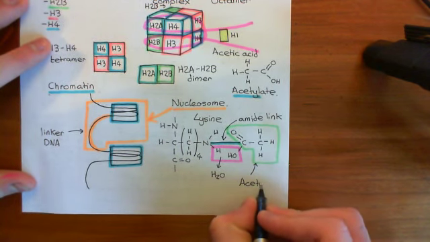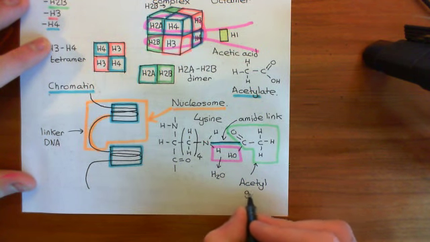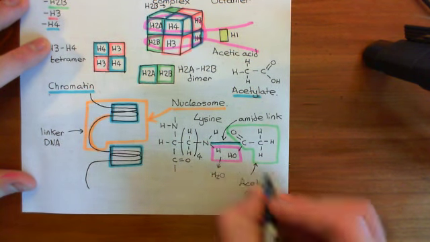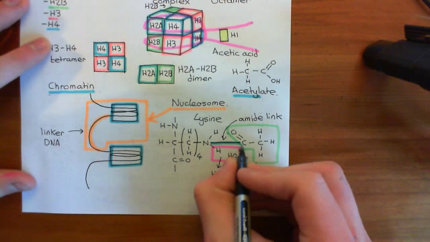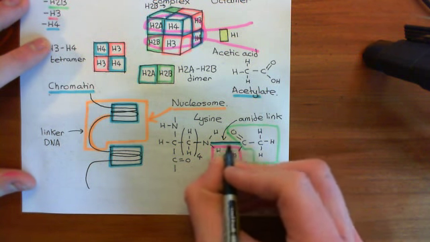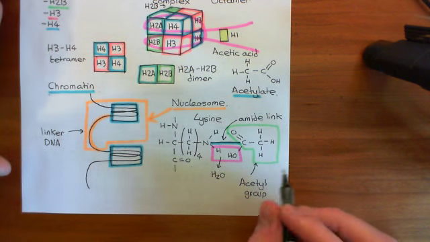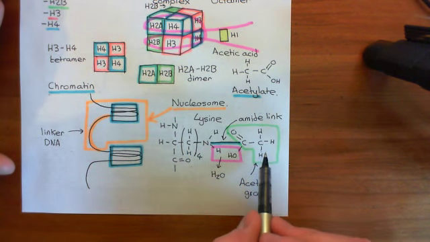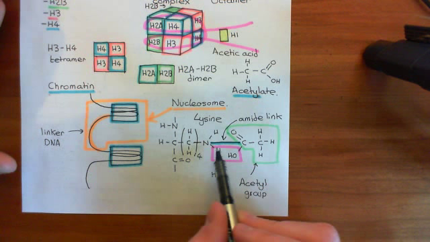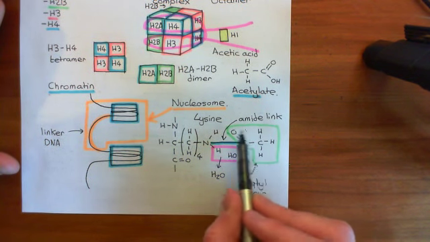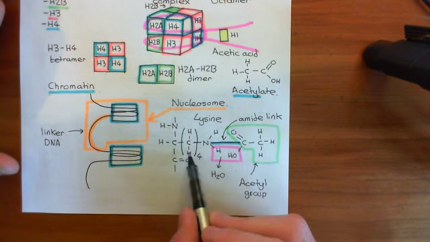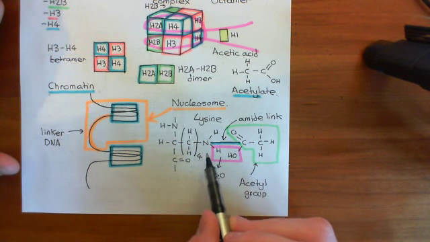So remember, a group is part of a molecule. This is not a molecule in itself because this carbon needs another bond, so it's a group instead, an acetyl group. That's why this is known as acetylation of the lysine residue, because we're effectively adding an acetyl group onto the lysine residue.